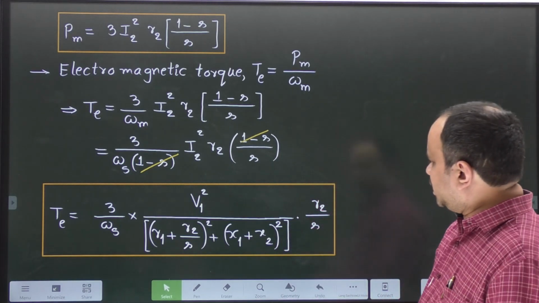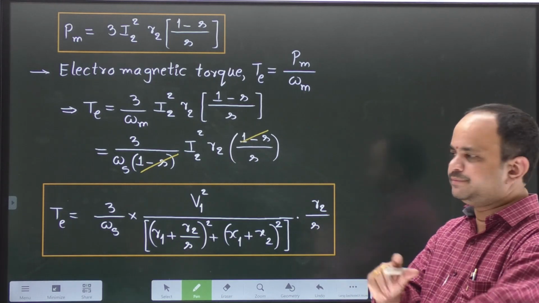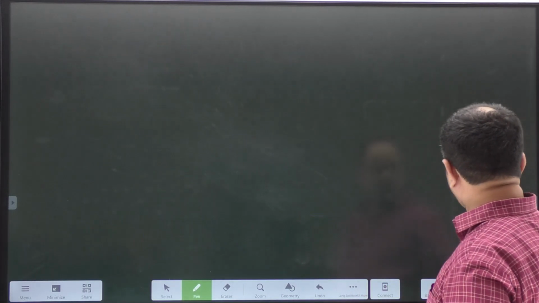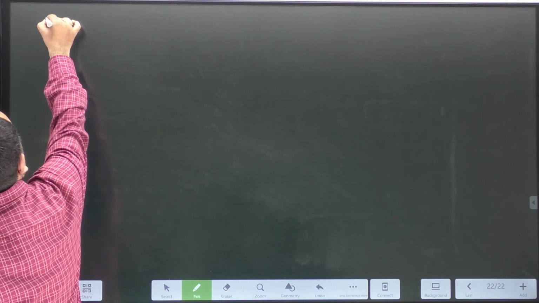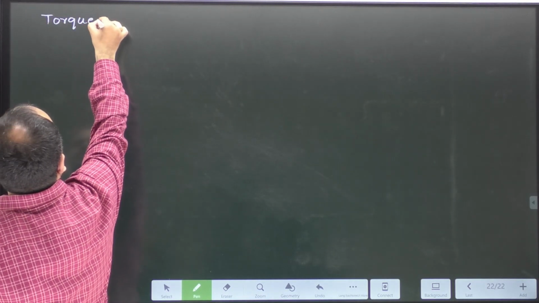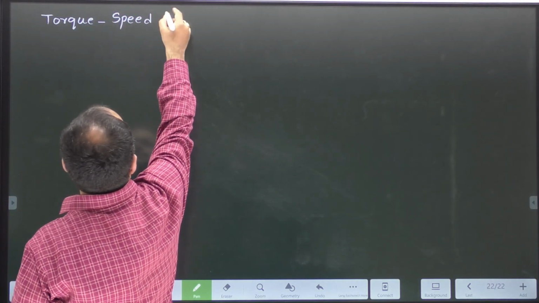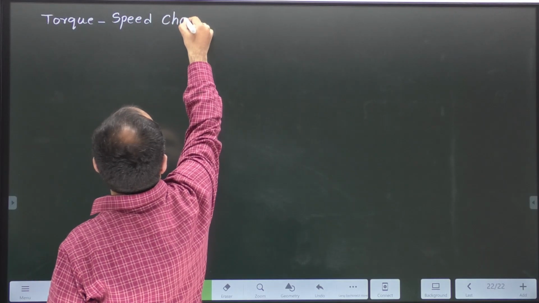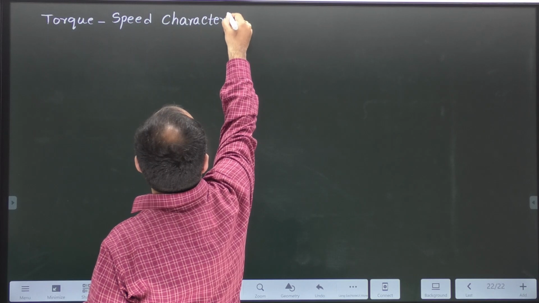Now, if you draw this equation versus the speed, now let us see what type of curve we will get. Let us look into torque speed characteristics.